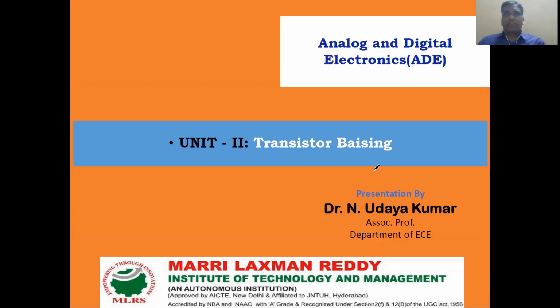Coming to the transistor configurations, these are of three types: common base configuration, common emitter configuration, and common collector configuration. The common base configuration is where the base is common to both input and output. Similarly, in the common emitter configuration, the emitter terminal is common to both input as well as output.